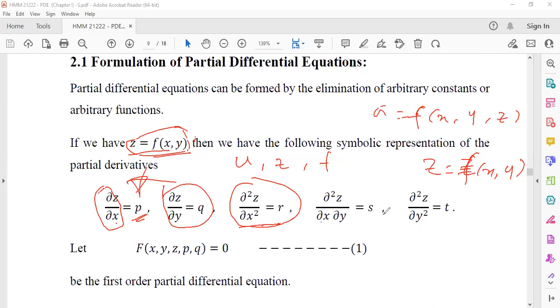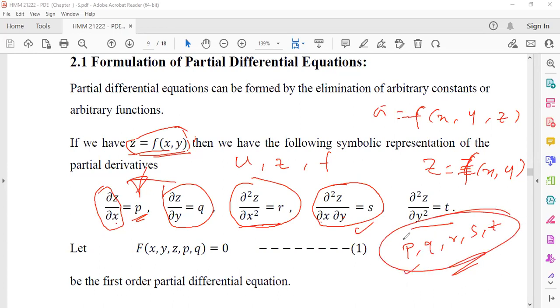Similarly, for x y, they don't have y x; for both they take s. For y squared, they take t. So p, q, r, s, t are reserved in this section for these things. If I write this, it means partial z over partial x. That's how you have to take it.